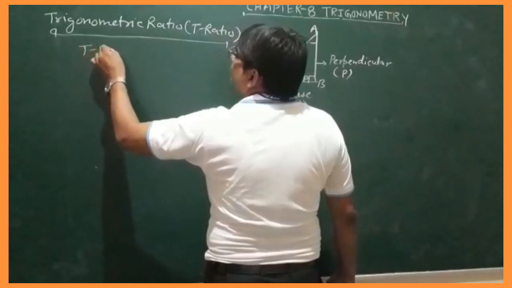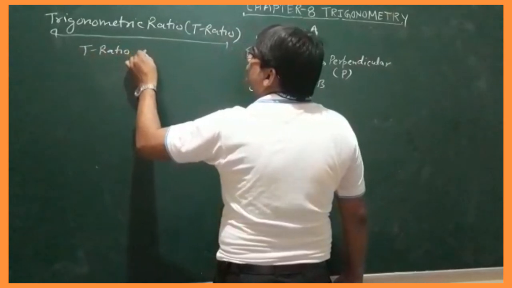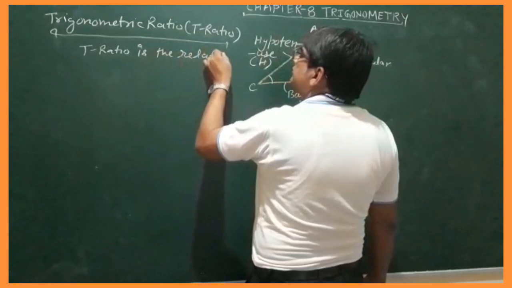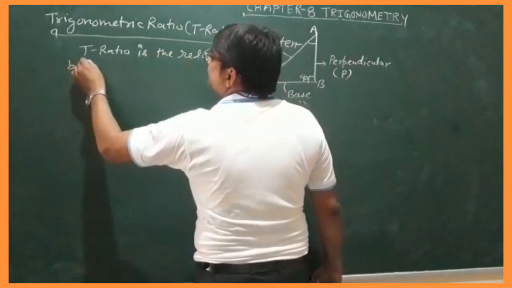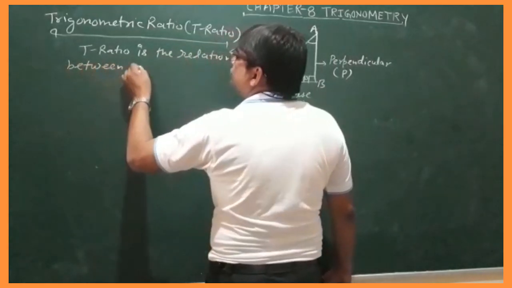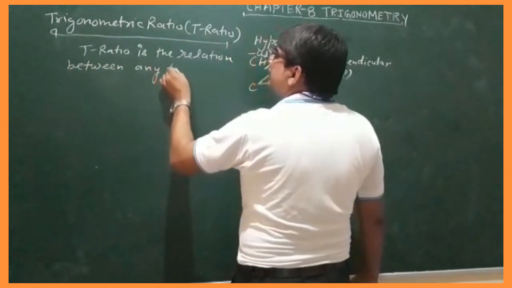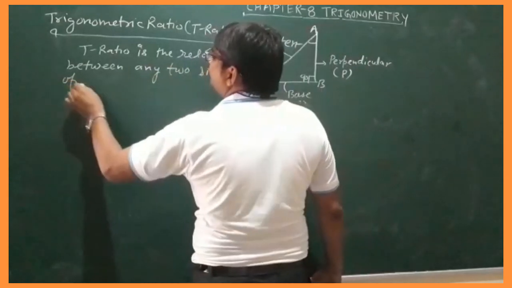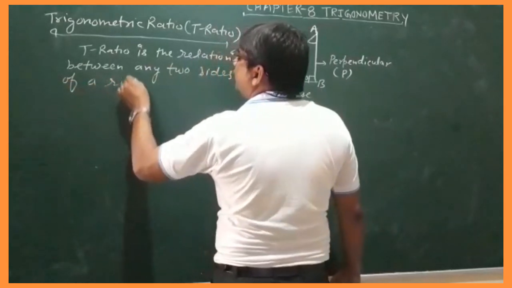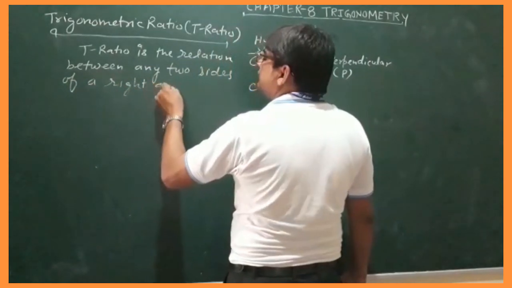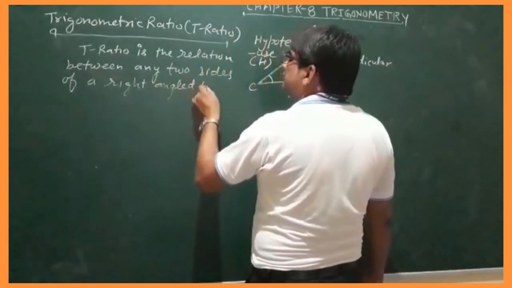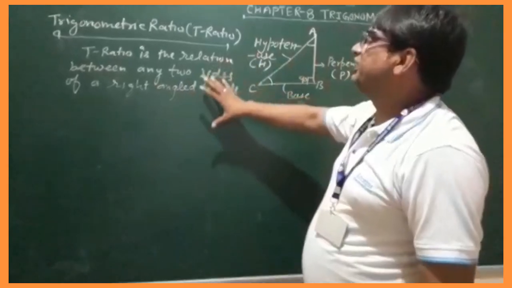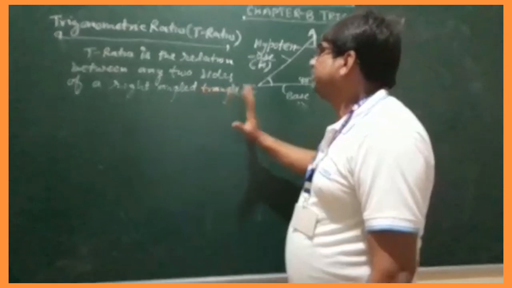T ratio is the relation between any two sides of a right angled triangle.